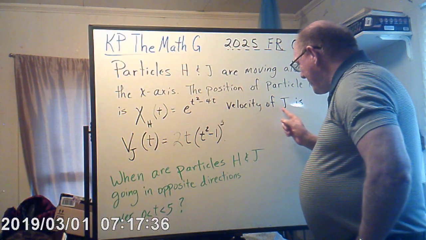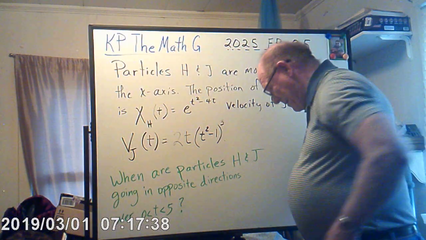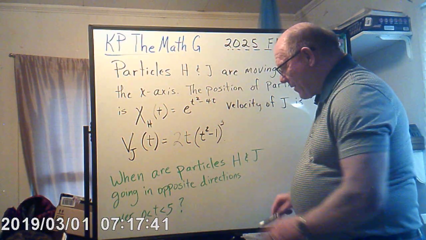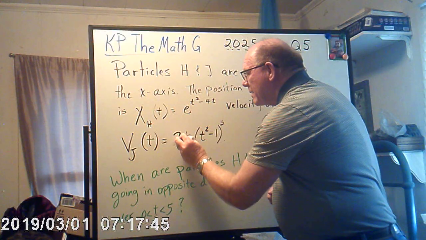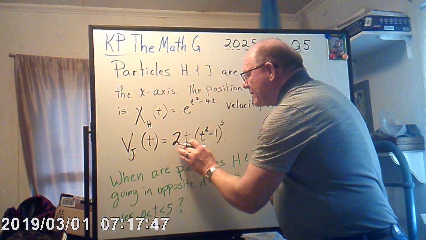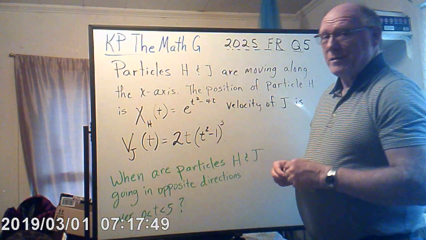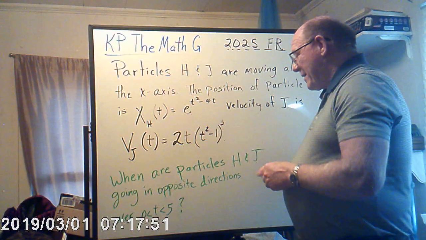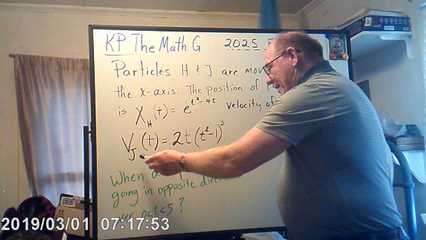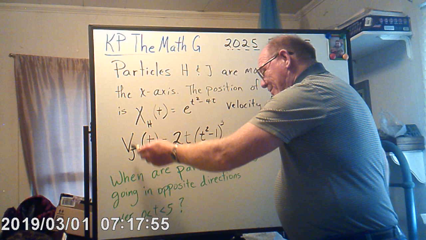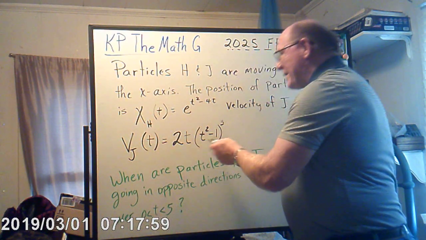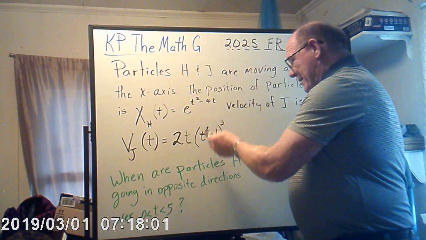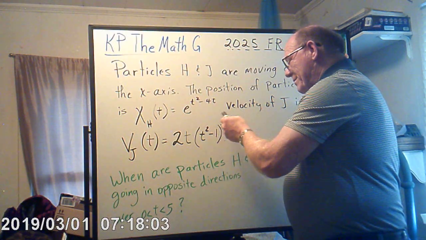The velocity of j is given, and that 2 probably needs to be a little clearer. There we go. Easy to see nonetheless, right? The velocity with respect to j at t is equal to 2t times t squared minus 1 raised to the third.